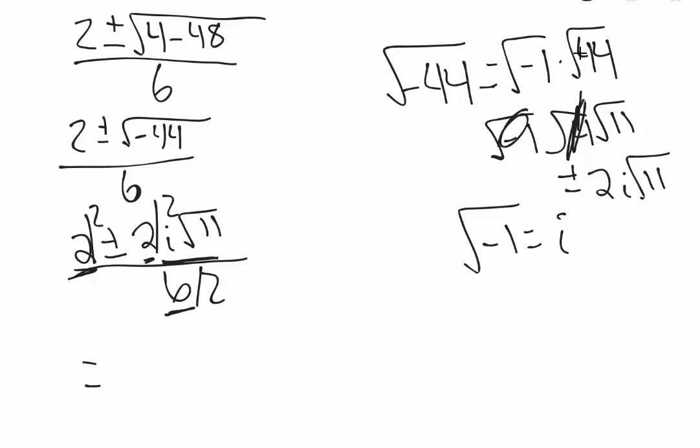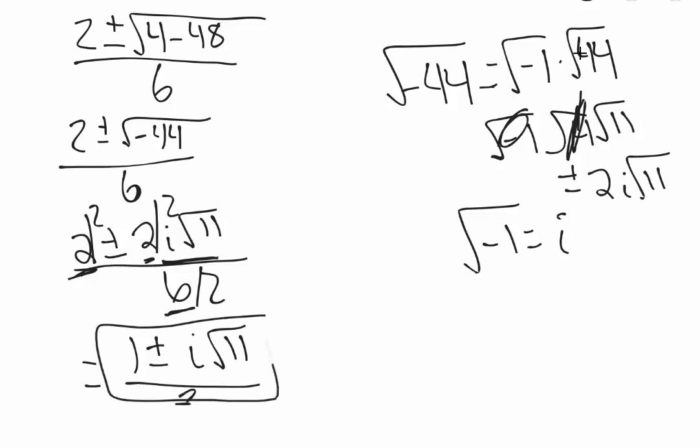Here in front, 2 divided by 2 is 1. Drop down the plus or minus. Then we also have another 2 divided by 2, which is 1. And we don't write 1i, we just write the i. The 1 kind of just disappears off. So that will be i square roots of 11 over 6 divided by 2 is 3. And that would be our final answer here for this problem.